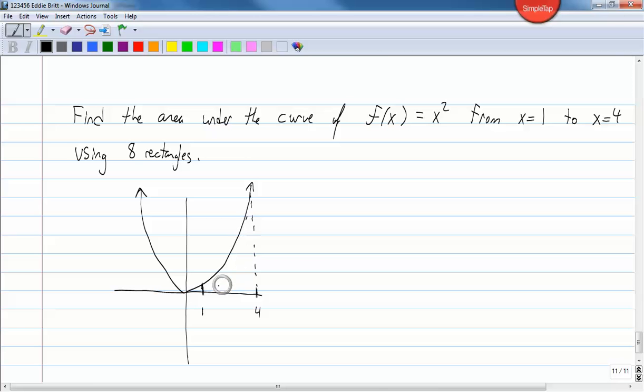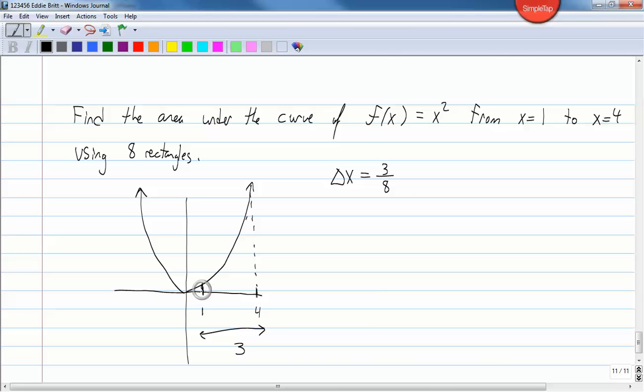So the distance from here to here is 3 units. So if we wanted 8 rectangles, then each rectangle is going to be 3 divided by 8. So that is our increment, or our change in x, is 3/8.